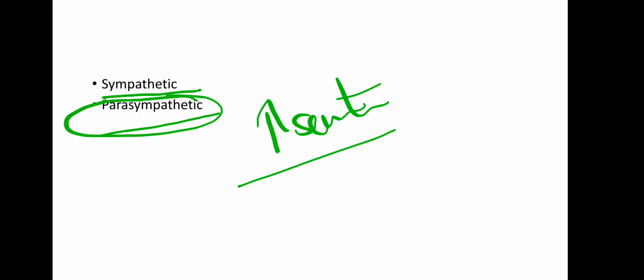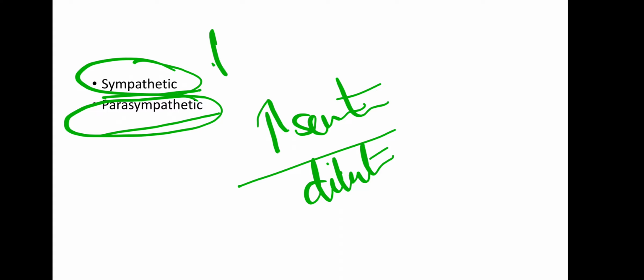Coming back to the secretomotor pathway, we have a sympathetic pathway and a parasympathetic pathway. As we all know, the parasympathetic pathway is for increasing the secretions and for diluting the secretions, whereas the sympathetic pathway is for decreasing the secretions and for increasing the viscosity of the secretions.